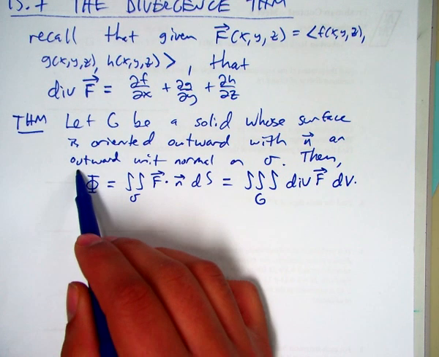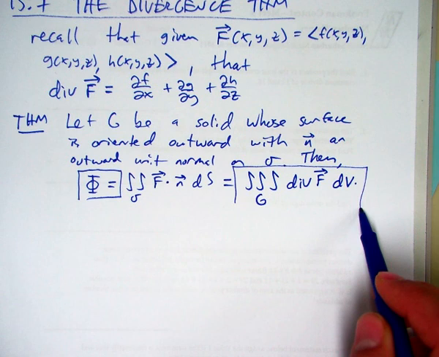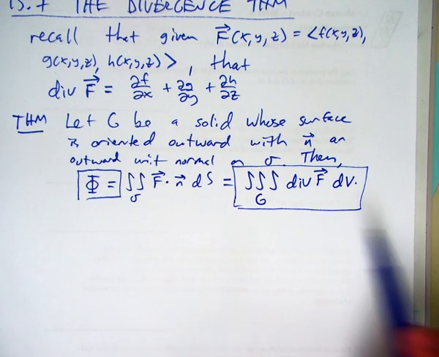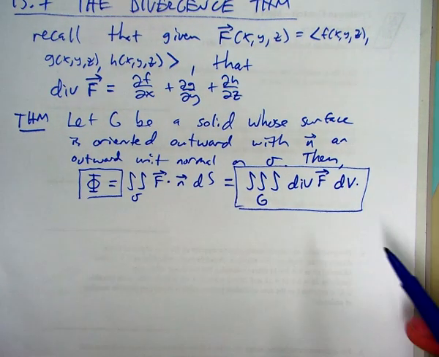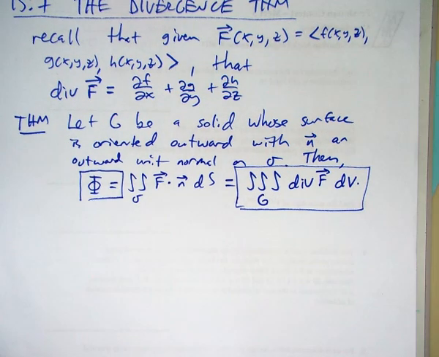So flux for a closed surface, which is a solid, you can use the divergence and do a triple integral and calculate it that way, which can save a lot of time.